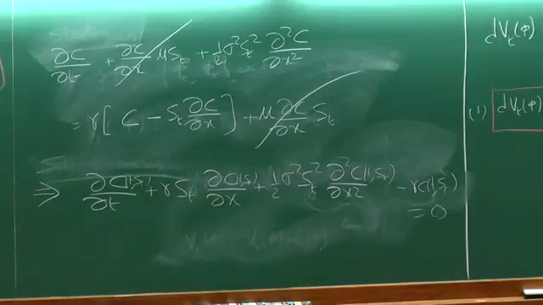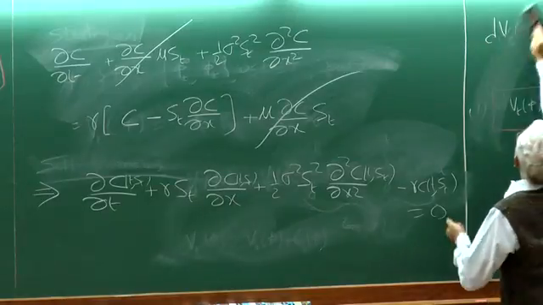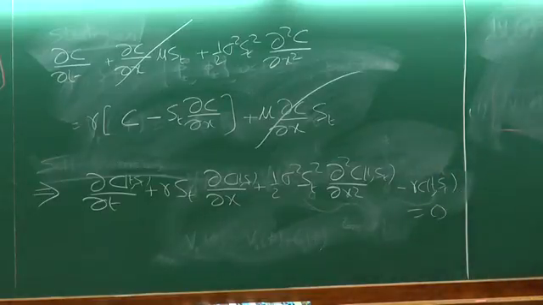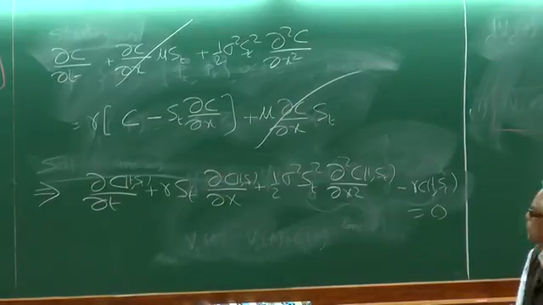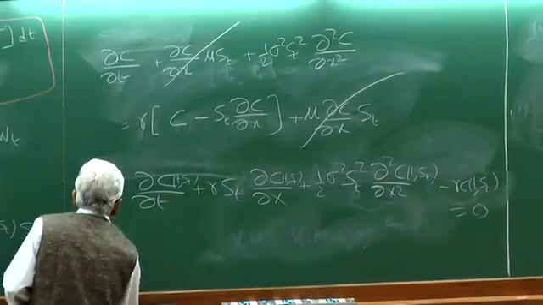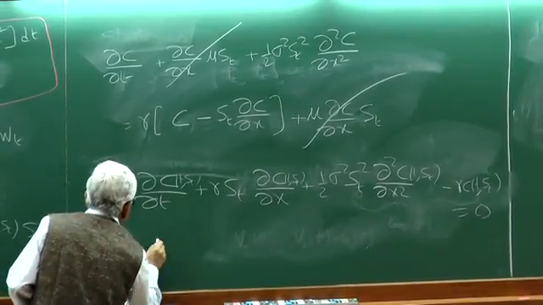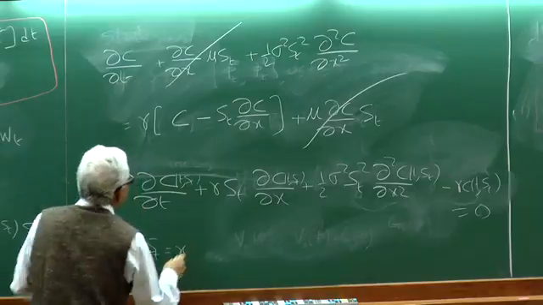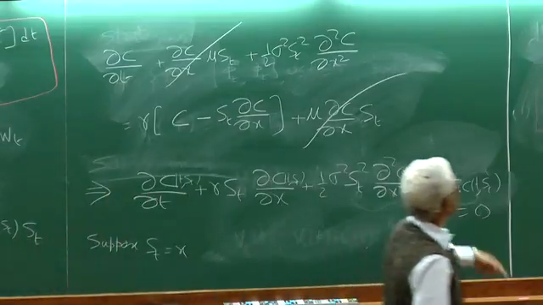Now let me write it in the way PDEs are written. Okay. Now stock price will be observed at time t, right? So suppose ST equal to X, then write down this equation.